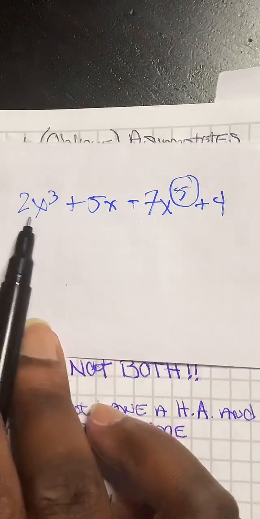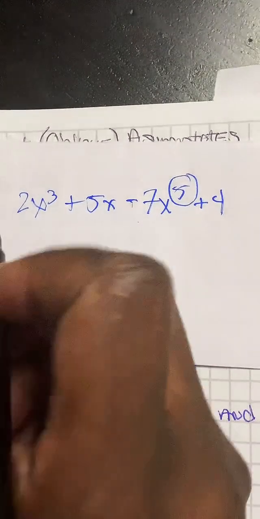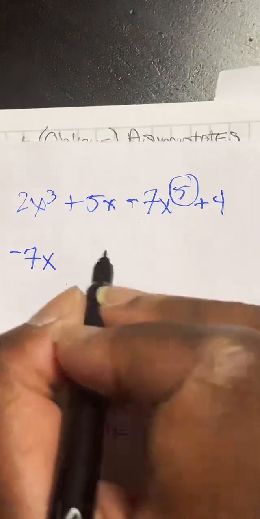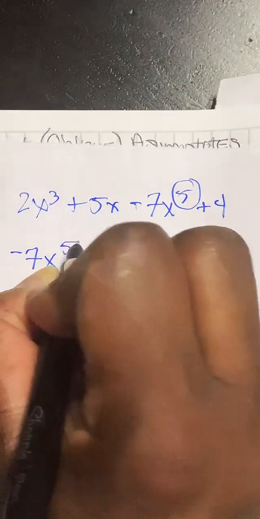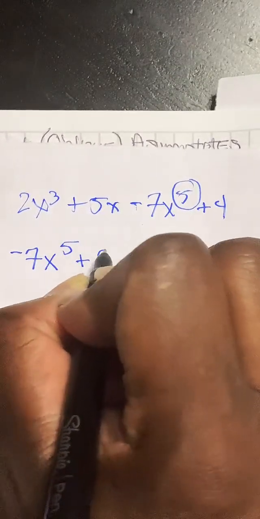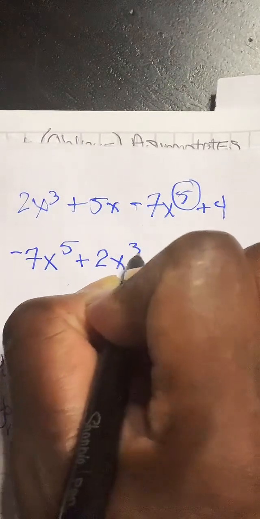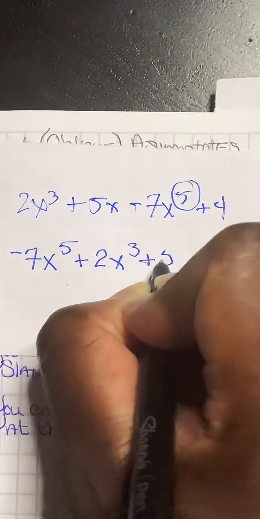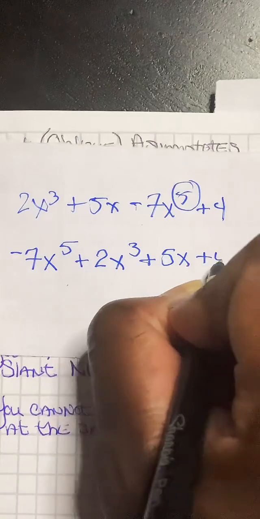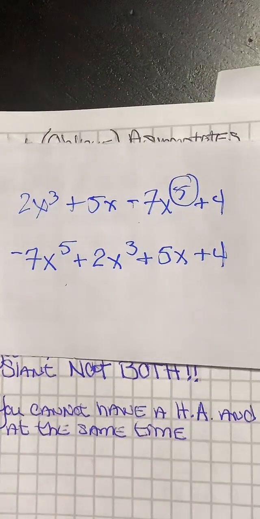No matter how it's rotated around, I'll straighten it out a little bit. So we got -7x to the fifth, then a positive 2x cubed, then plus 5x, then plus 4.